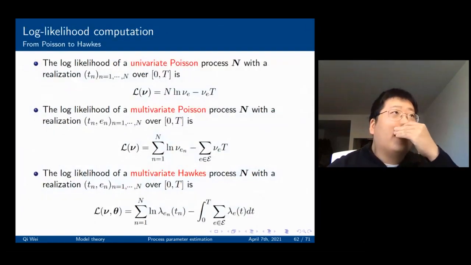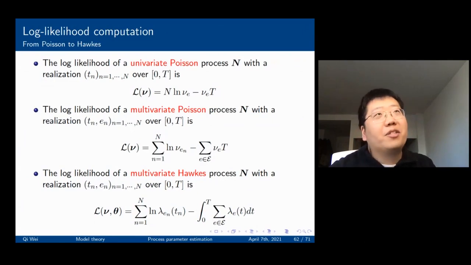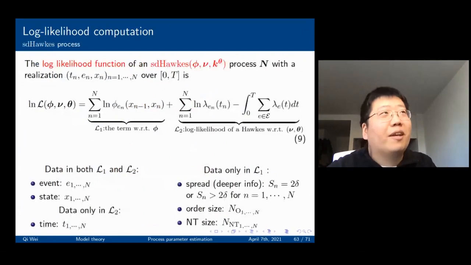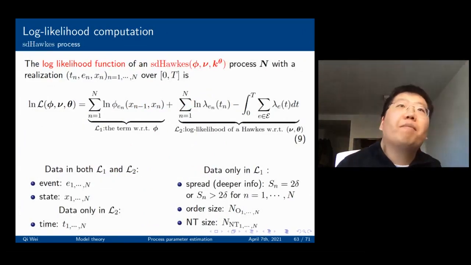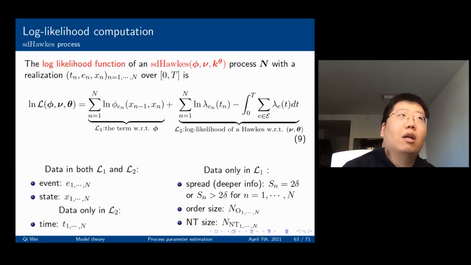I assume you're already familiar with the Poisson and multivariate Hawkes. Let's jump here. This is what the likelihood function looks like. We take the log, and it can basically be decomposed into two parts. The first part only depends on phi, which is the transition matrix of the Markov chain.